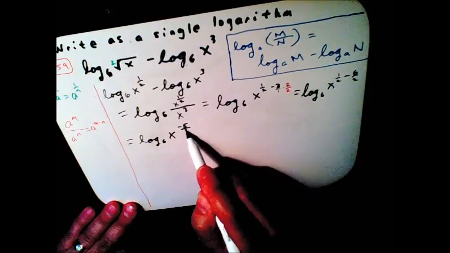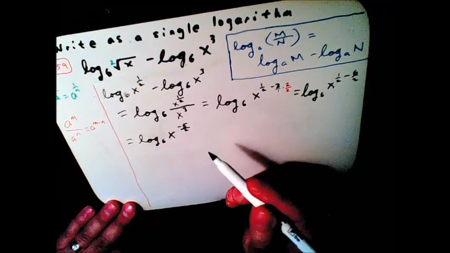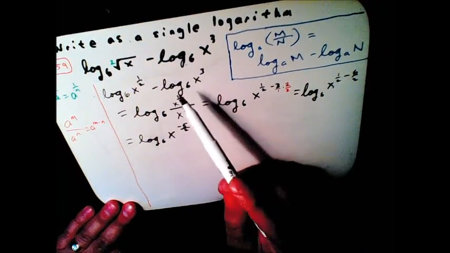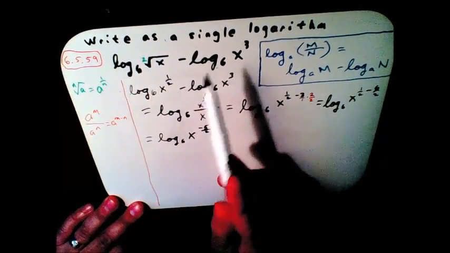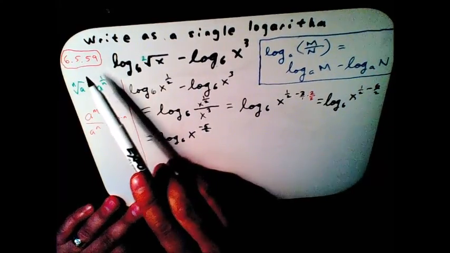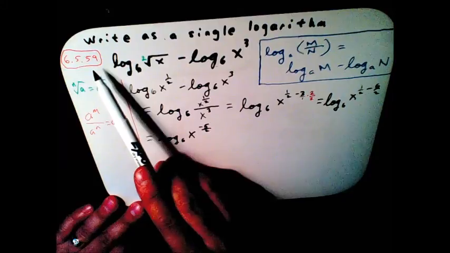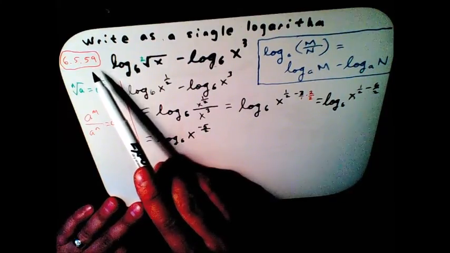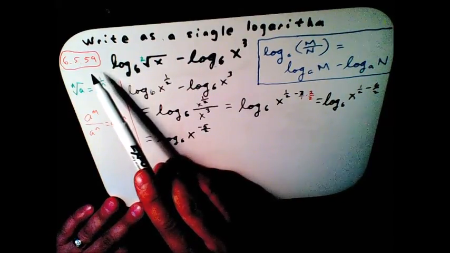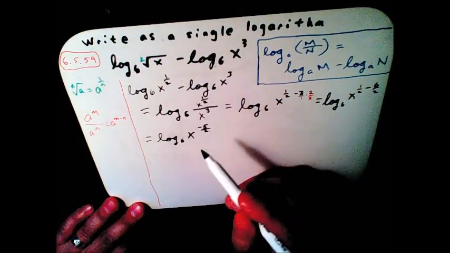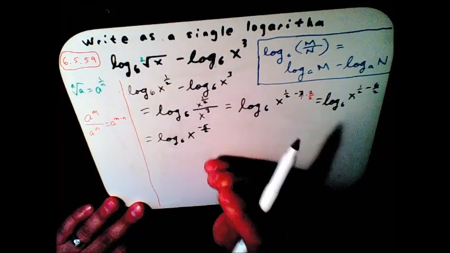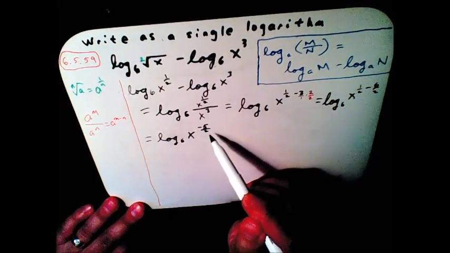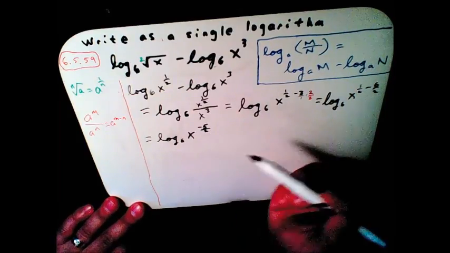We don't want a negative exponent, and the problem actually also says, I didn't write all the instructions here for this, this is 59 in Sullivan's College Algebra, section 6.5. Not sure of the number in my math lab, but the problem says that we are to write exponents as factors.